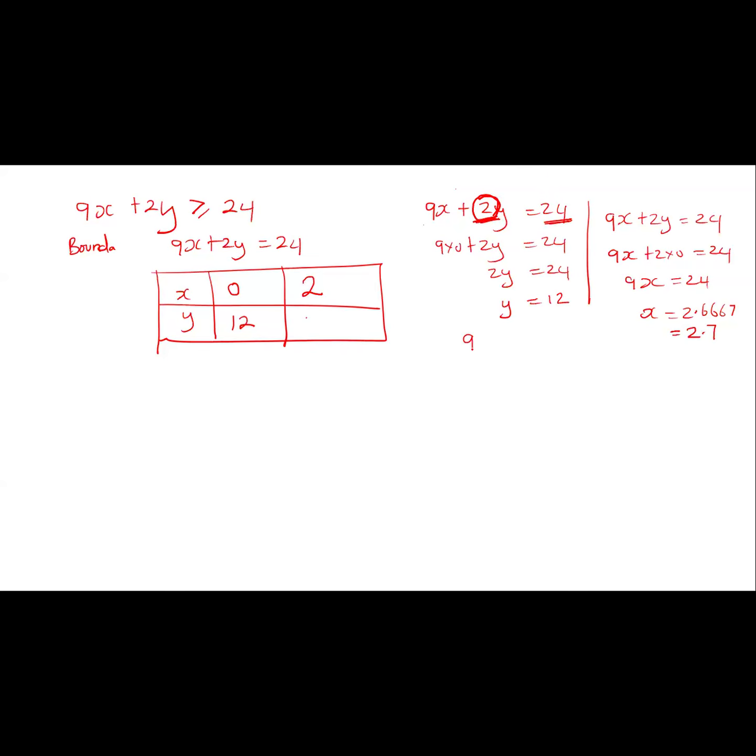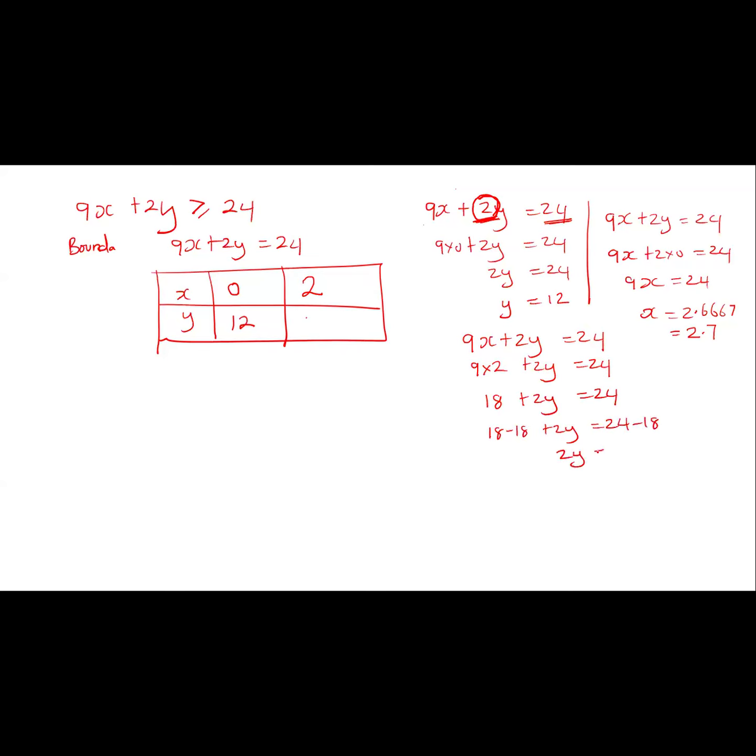And then I'll come and I say 9x plus 2y is equal to 24. That will be my x. So I'll say 9 times 2 plus 2y is equal to 24. So this will be 18 plus 2y is equal to 24. Now I take the 18 this side, say 18 minus 18 plus 2y will equal 24 minus 18.